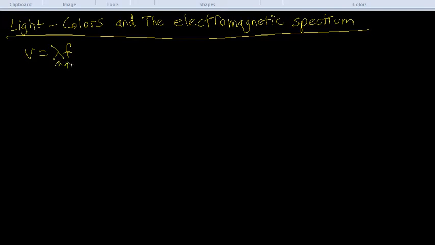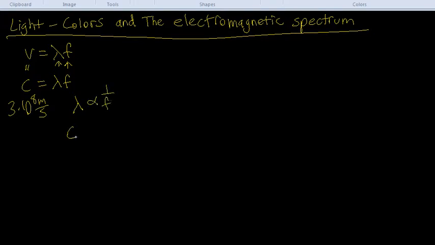times its frequency. And in our case, we know the speed of light is the speed of all the different electromagnetic waves that we're going to deal with. We denote that as c, and we just keep wavelength and frequency the same. Because c is fixed at 3 times 10 to the 8th meters per second, this means that wavelength is proportional to the inverse of f.